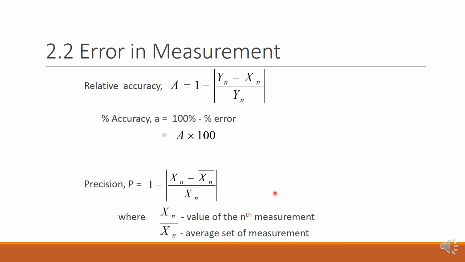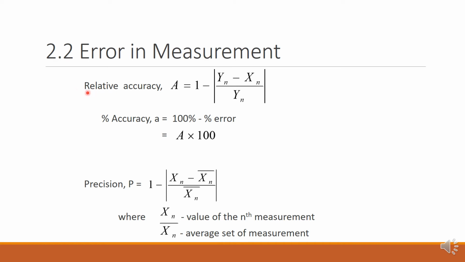Okay, now after we have calculated the error, let us see accuracy and precision. Accuracy and precision of measurement is a quantitative or numerical indication of an instrument that derives from error. So from the previous error that we calculated, we can derive the value of accuracy.